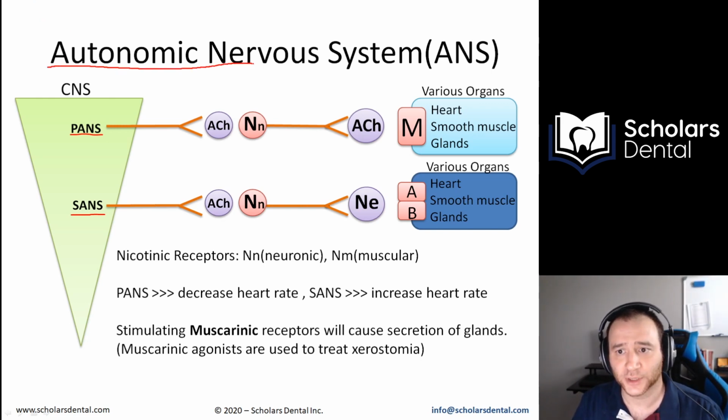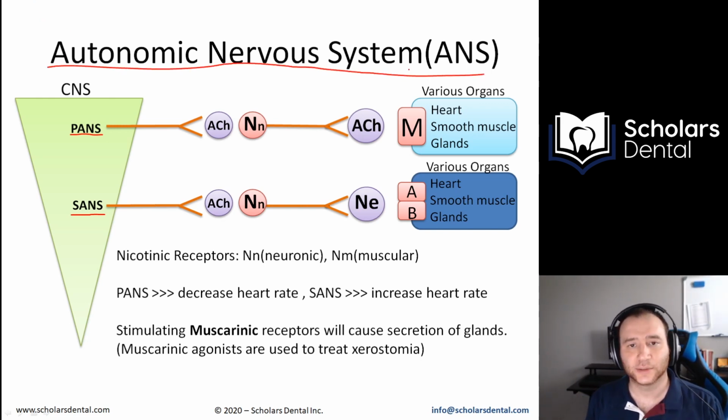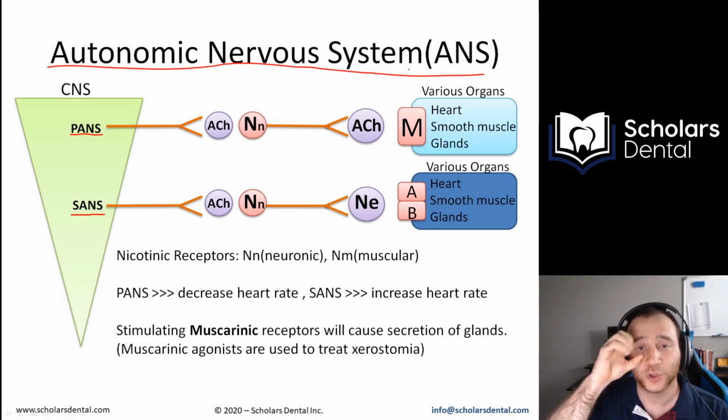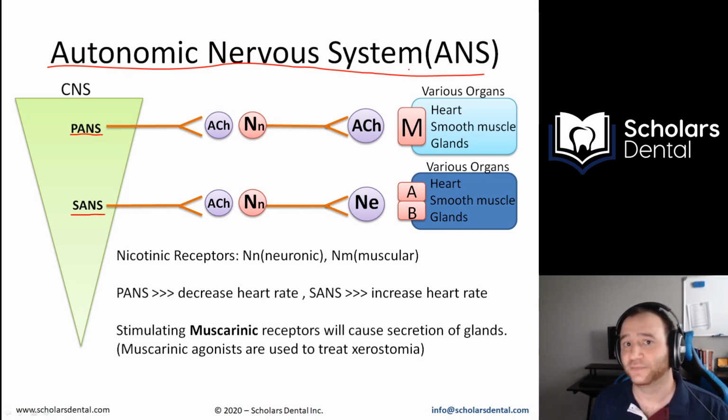The autonomic nervous system is the system that is controlling itself. It doesn't need your manual control. It's autonomic, on autopilot. It's working on itself, such as the dilation of the pupils, how the blood vessels dilate and constrict, the heartbeat.